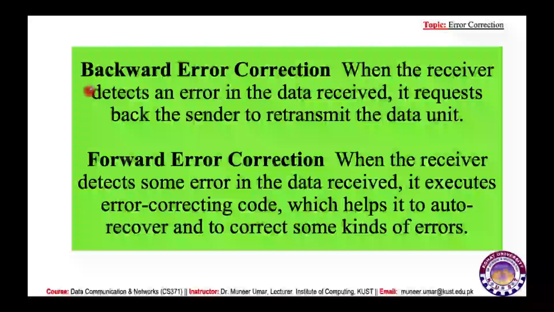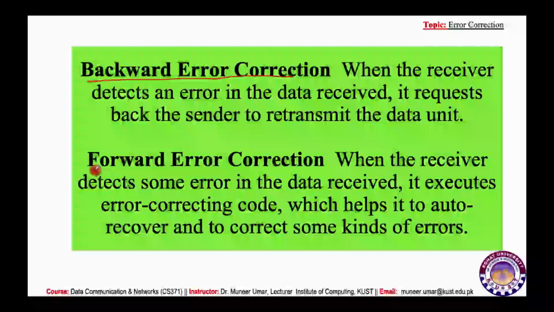So, backward error correction is the correction by retransmission of data. When the receiver detects an error in the data received, it requests the sender to retransmit the data unit.